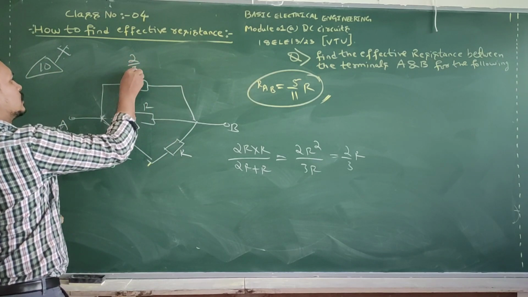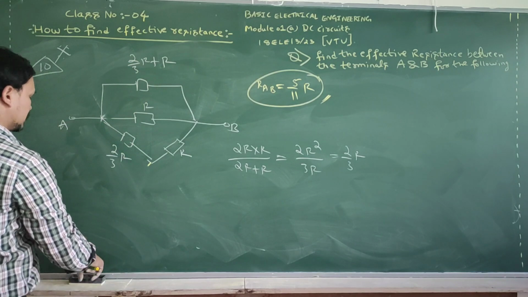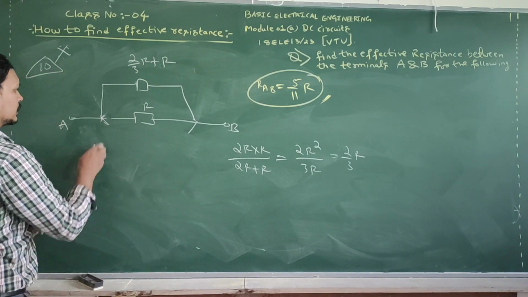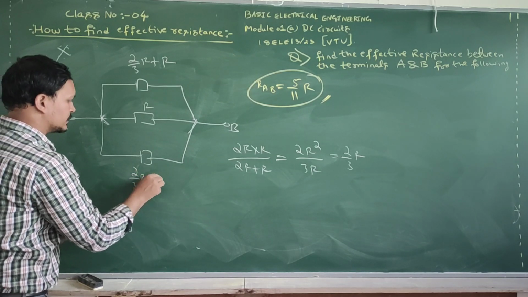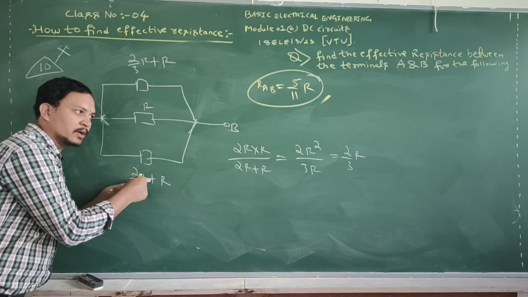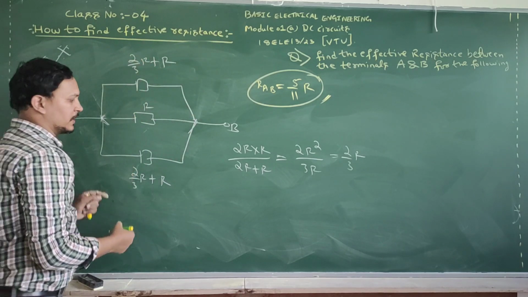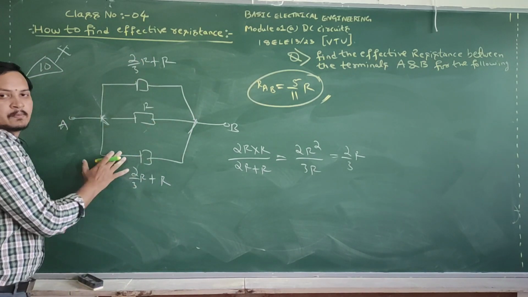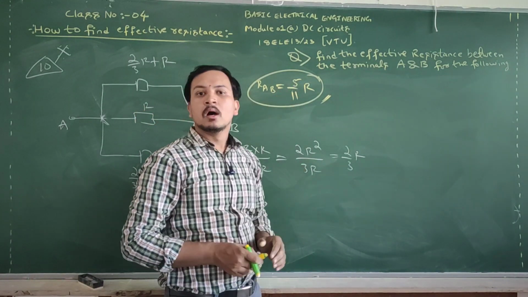That is 2 by 3R plus R. You simplify, you get one exact answer. Similarly, these two are also connected in series, 2 by 3R plus R. Do the LCM, you will get one resistor. This resistor and R are now connected in parallel. So you do the simplification. Finally, at the end, you will get 5 by 11 R.